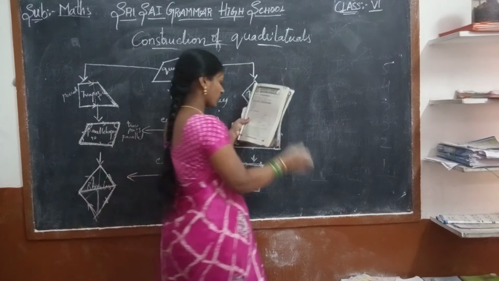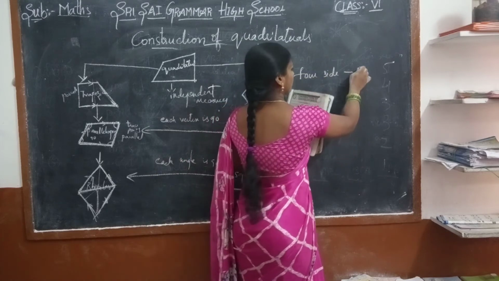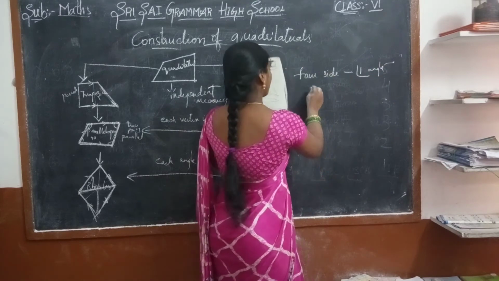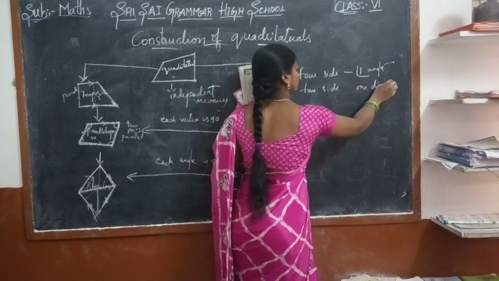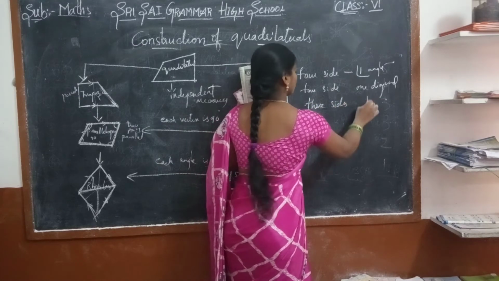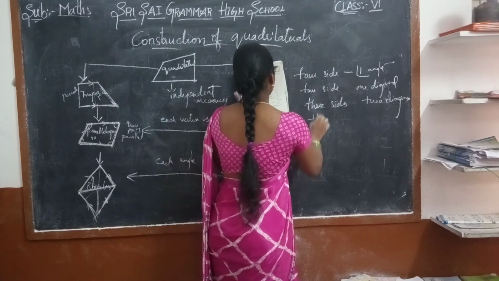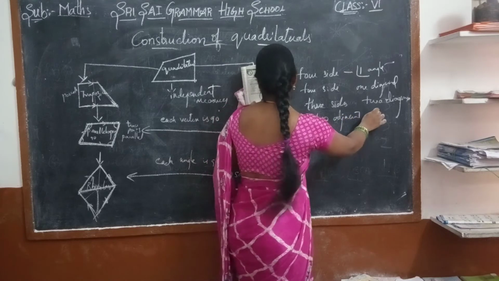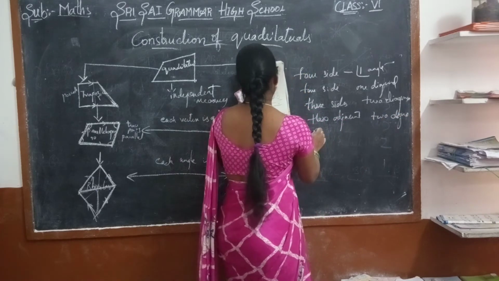See, if they give the 4 sides and 1 angle, or 4 sides and 1 diagonal, or 3 sides and 2 diagonals, or 2 adjacent sides and also 2 diagonals, and also 3 sides.